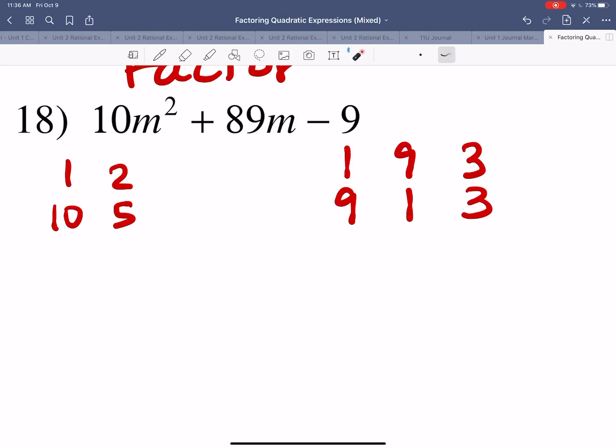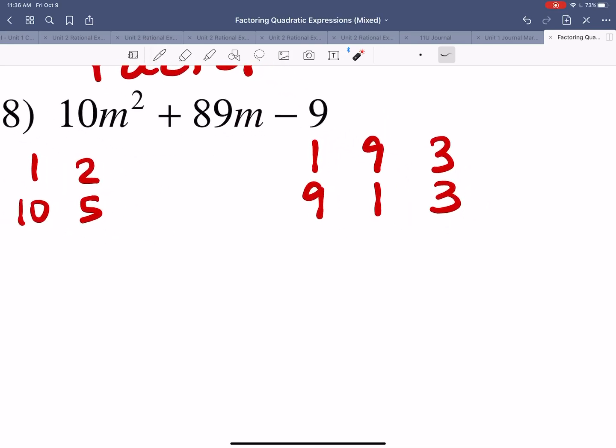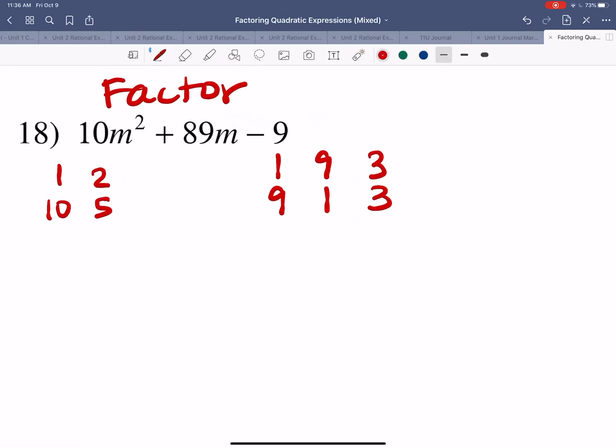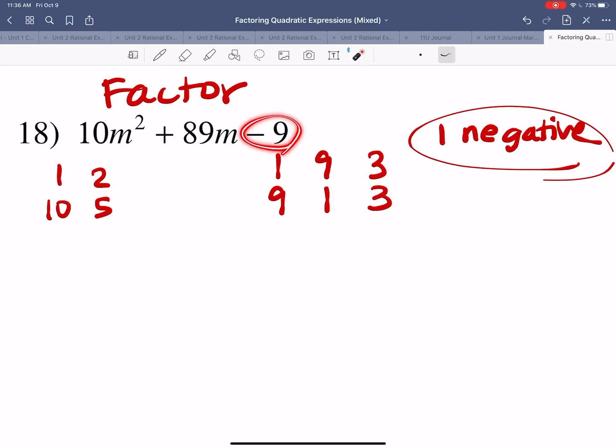When you're doing these questions, you need to pay attention to what kind of number you want to multiply to with the signs. In my case, I've had a lot of practice with this, so it's coming really automatically. Basically, we want to multiply to a -9. That means I want to have how many negatives? I want to have one negative based on the fact that I have this -9.